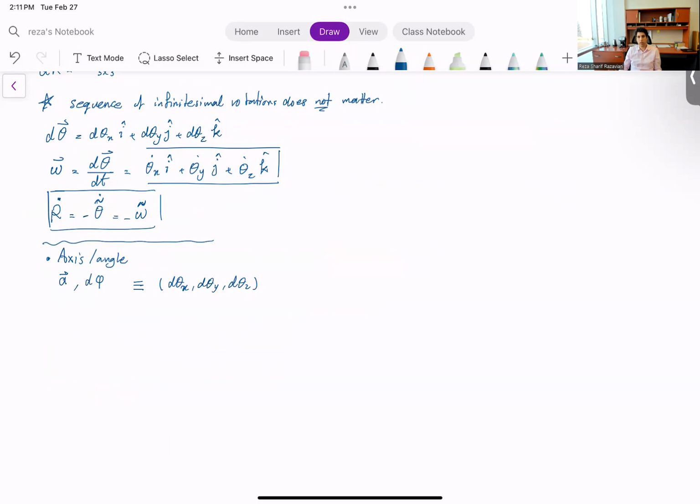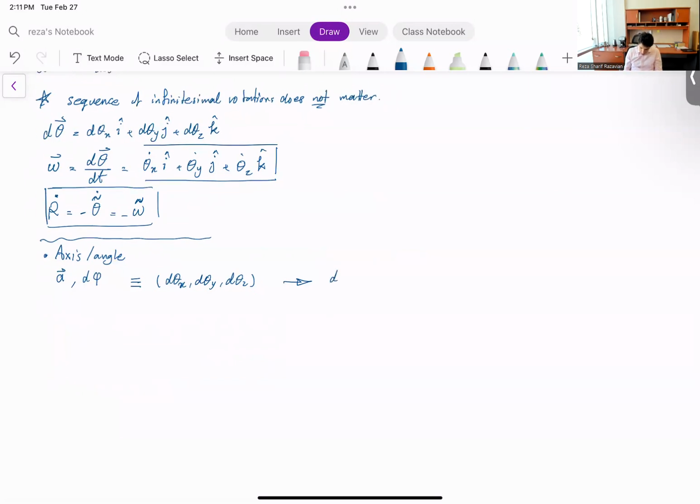So these two rotations are the same. And from the definition of this rotation vector d theta, it follows exactly the same definitions as the axis angle. So it's a rotation about some axis with the magnitude of that vector being the amount of rotation.